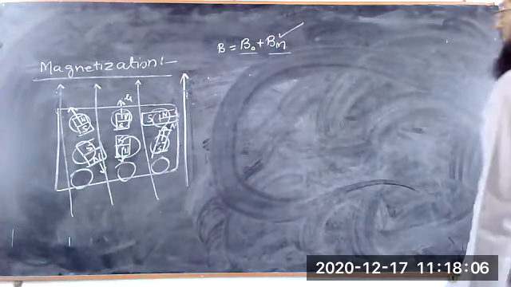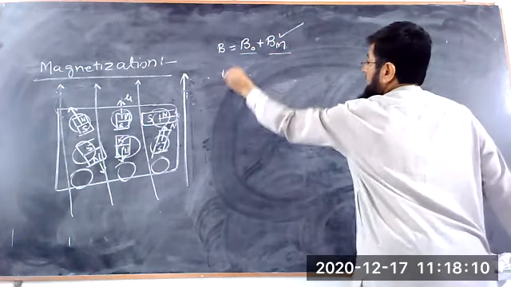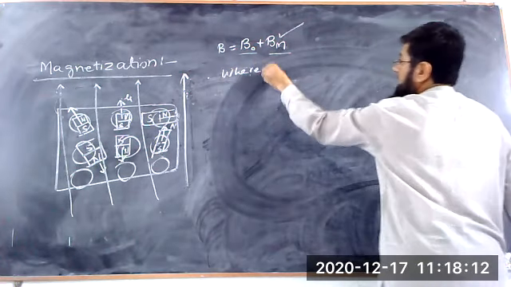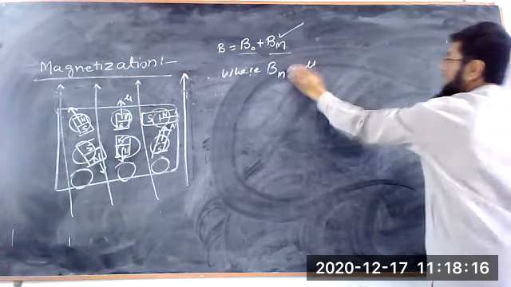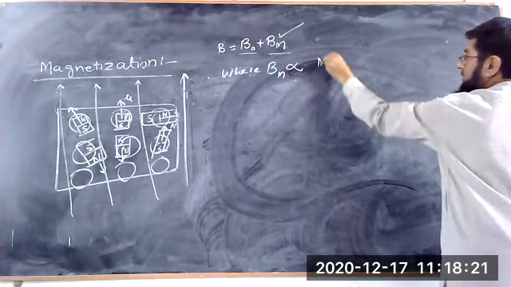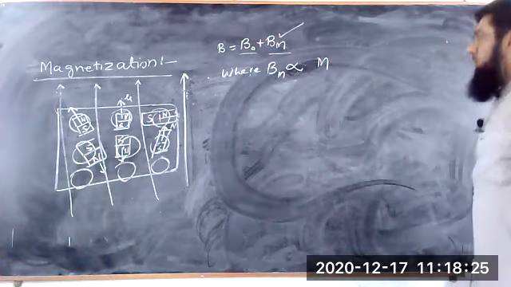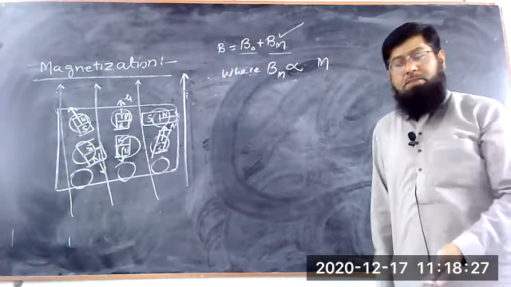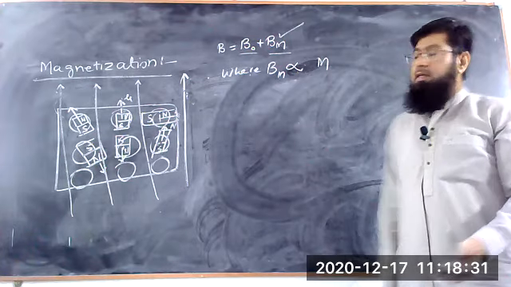And you know that this Bm, the magnetic field produced by the magnetization, is directly proportional to the magnetization. It means if we increase the magnetization, then the magnetic field will also increase.